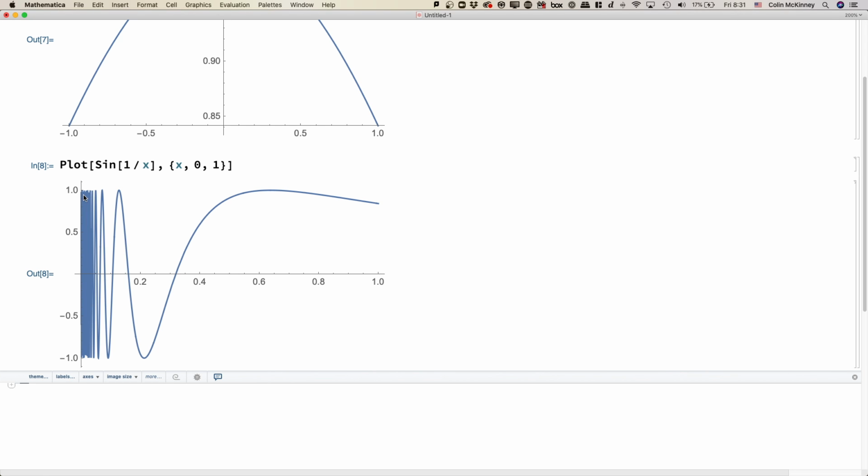Well, is there a closest value to 0? No. Okay. So the limit as x approaches 0, this thing does not exist. Now, that may feel a little weird, but here's why. What does it mean for a limit to exist?